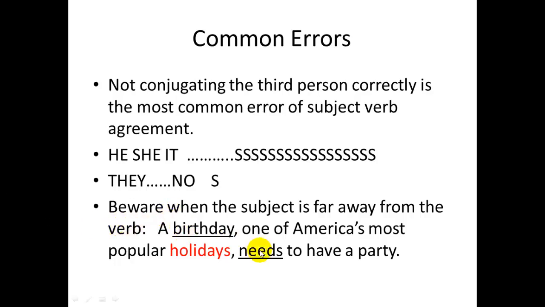So a birthday needs to have a party. Holidays here is just the end of this. It happens to be plural, but it's not the subject, so we don't need to worry about it. Now most students would make a mistake with the verb here. They would see that they just wrote a plural noun and then they would write the wrong verb.